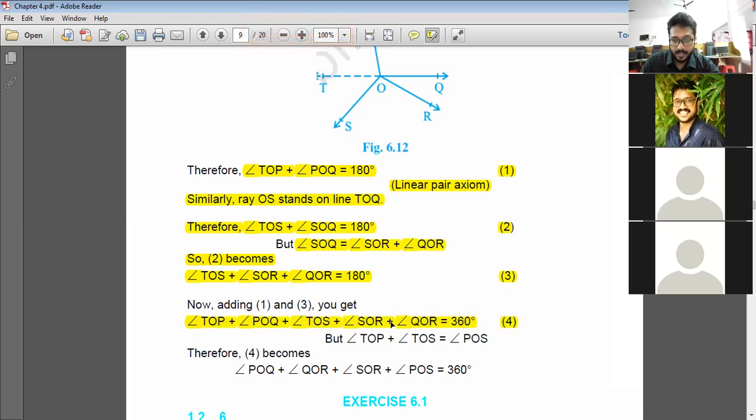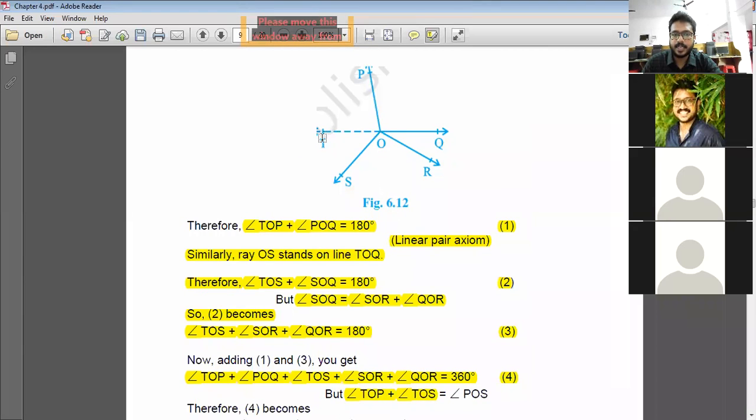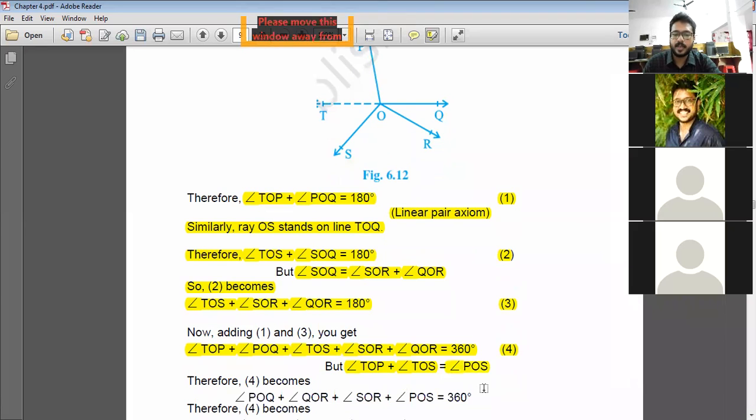Again, there is a small step. Angle TOP plus angle TOS, together we can call it angle POS. So instead of angle TOP plus angle TOS, we can write angle POS.